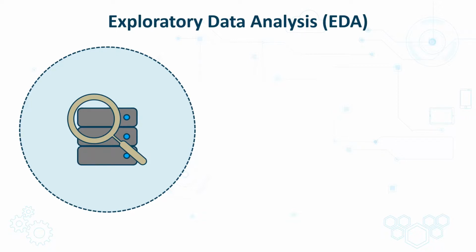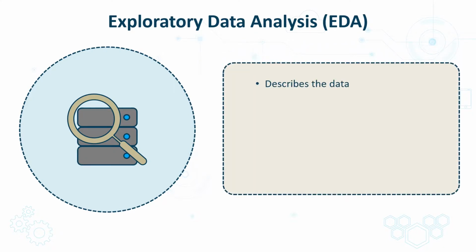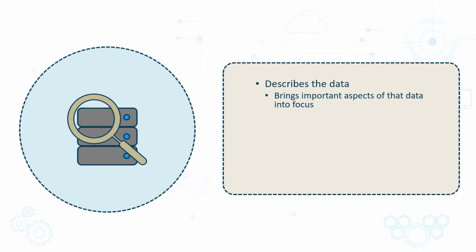It is a technique that refers to critical process of performing initial investigation on data to discover patterns, identify anomalies, to test hypotheses, and to check assumptions with the help of summary statistics and probably graphical representations. So let's say that primary objective of exploratory data analysis is to describe data and bring essential aspects of the data into focus.